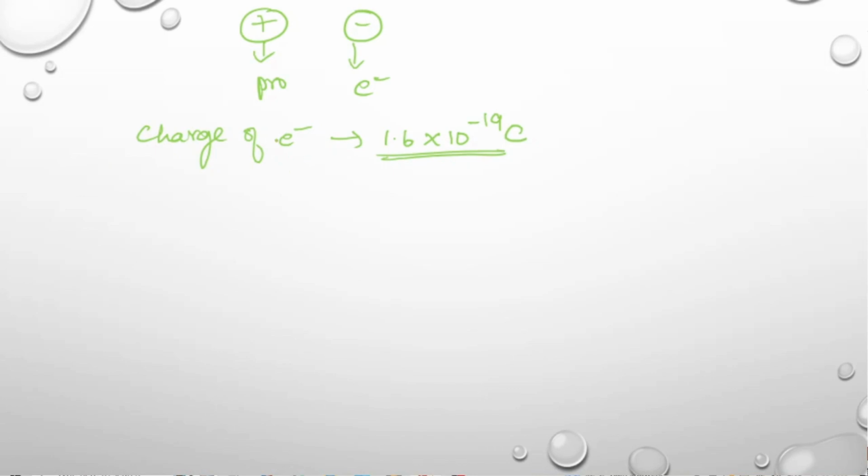So the charges of an electron and a proton are the same. Okay. But if you put a negative symbol, then it is the charge of an electron. Usually we don't represent it; we represent it in modulus. We don't usually represent the negative sign. But both the charge of an electron and the charge of a proton are the same in magnitude.